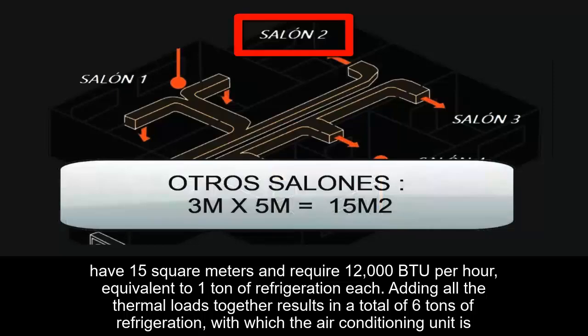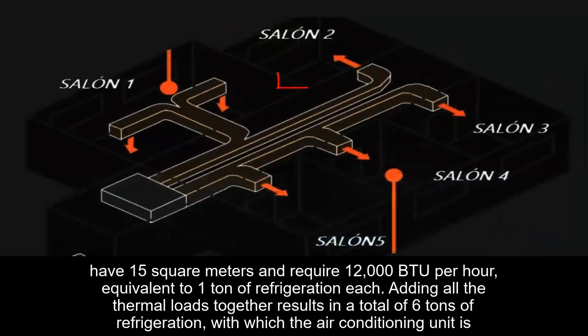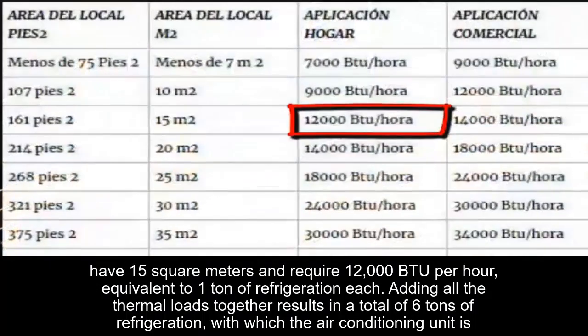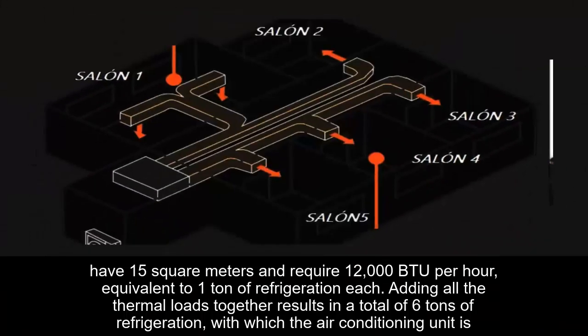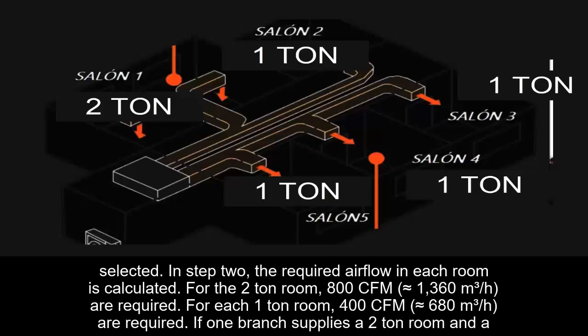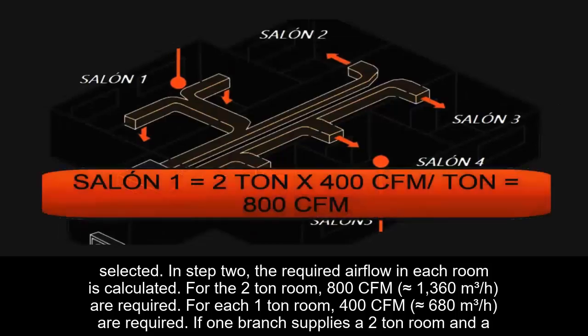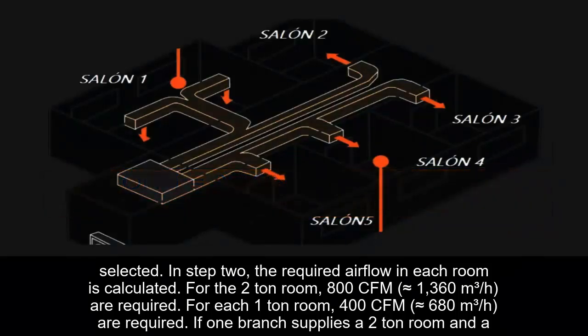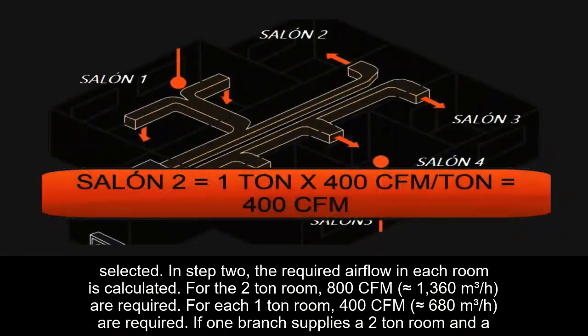Other rooms measuring 3 meters, nearly 9.84 feet, by 5 meters, nearly 16.40 feet, have 15 square meters and require 12,000 BTUs per hour, equivalent to 1 ton each. Adding all the thermal loads together results in a total of 6 tons of refrigeration, with which the air conditioning unit is selected. In Step 2, the required airflow in each room is calculated.